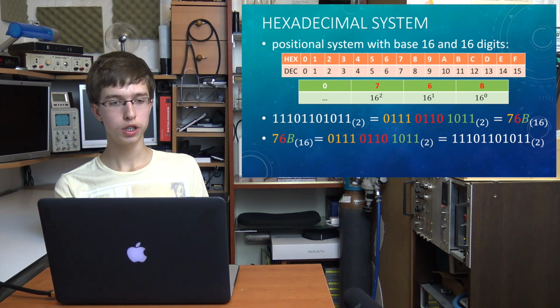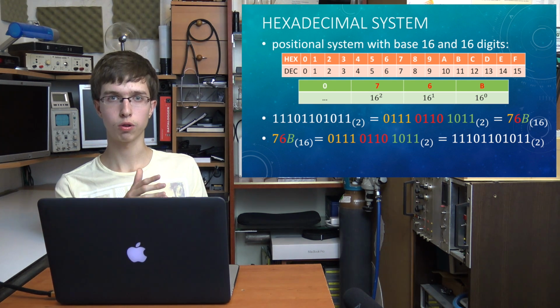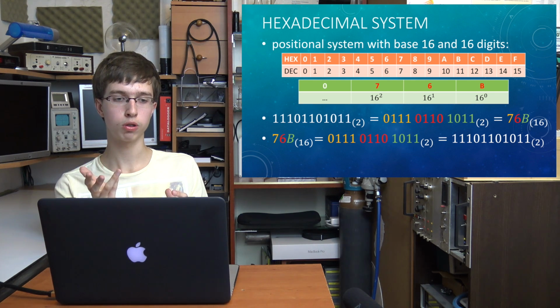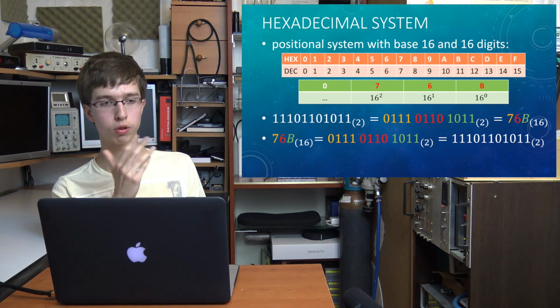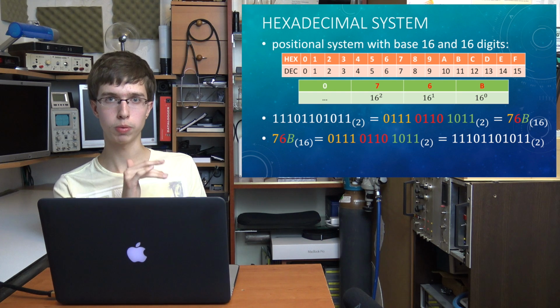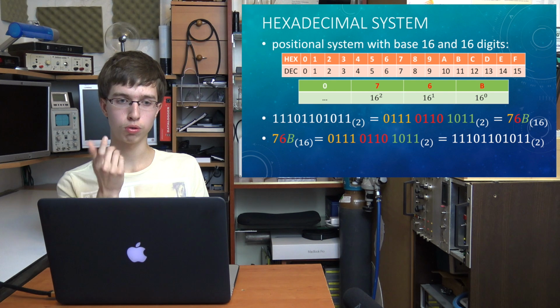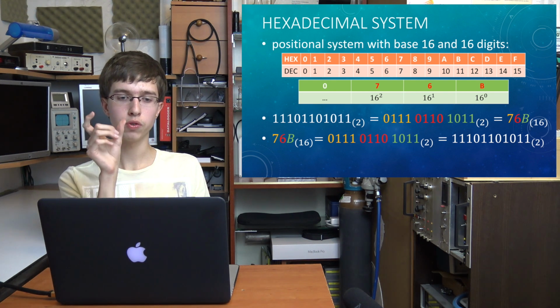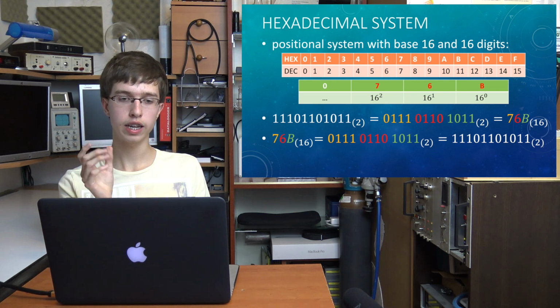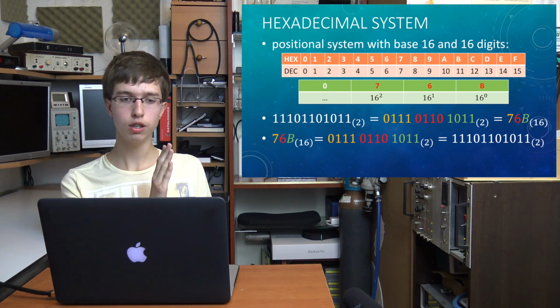We have here conversion, a similar thing as in the octal system, conversion from binary to octal and octal to binary. Here we have binary to hexadecimal and hexadecimal to binary. Only here, in binary to hexadecimal conversion, we group digits by 4. So again, go from the end to the beginning of the number.